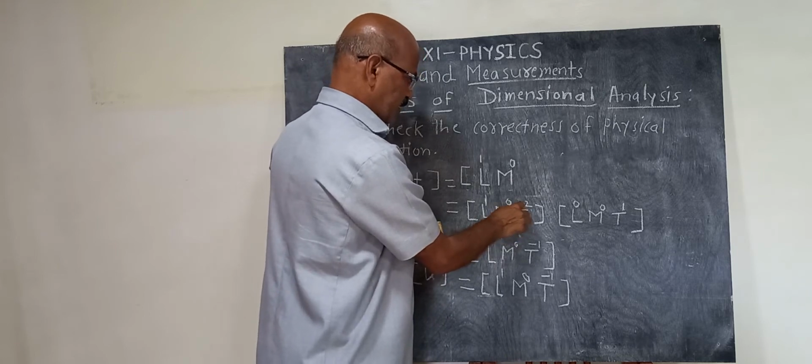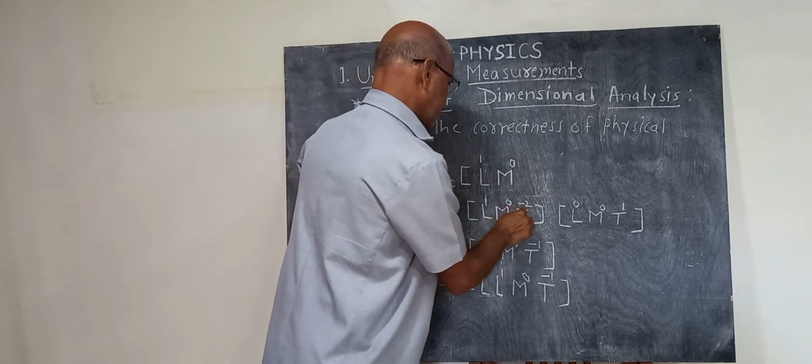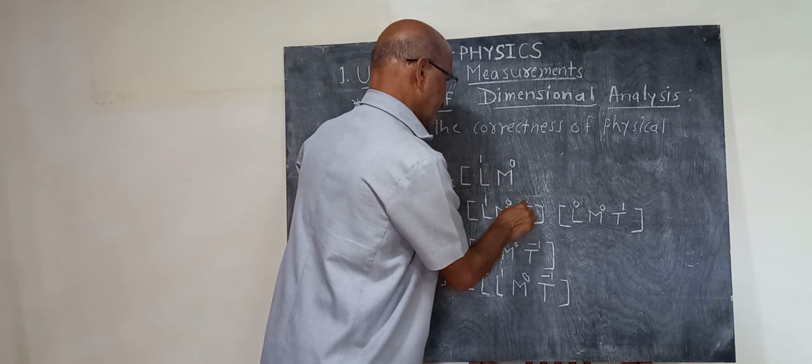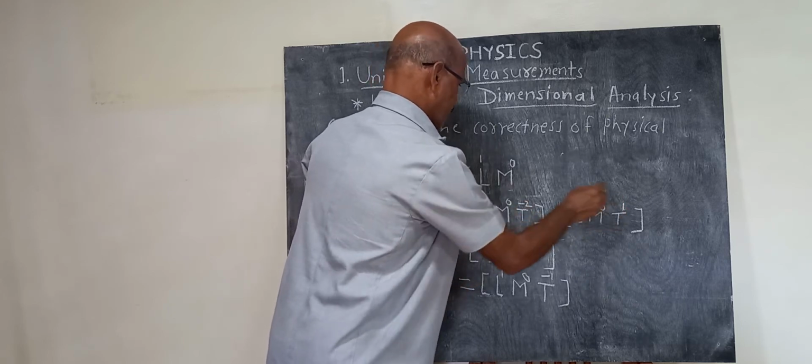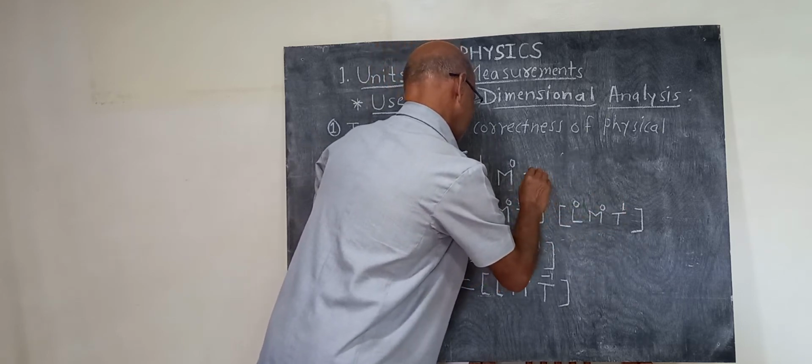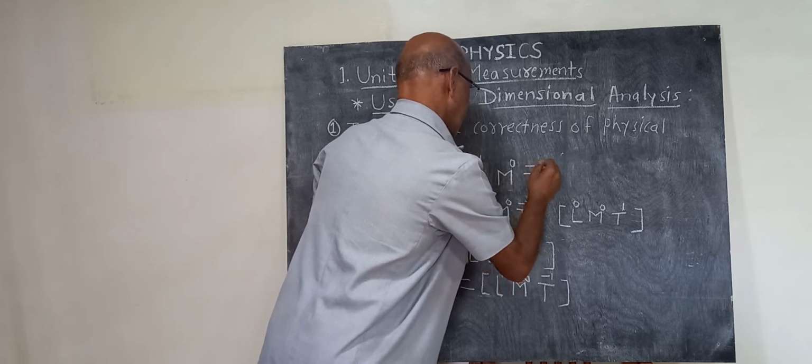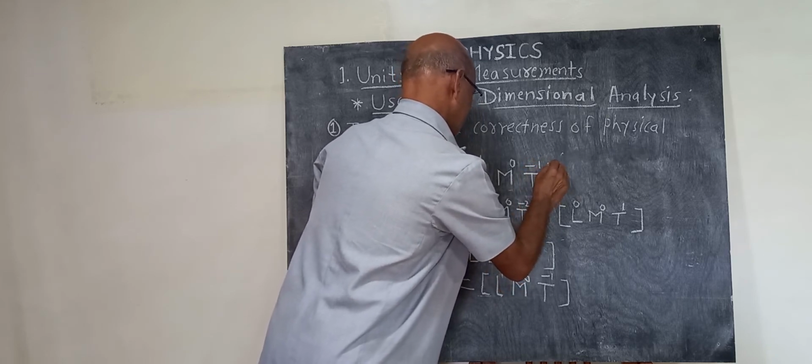Here the power of time is minus 2 and here is plus 1, so this becomes minus 1 in time.